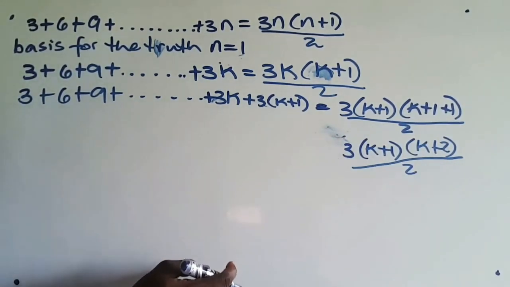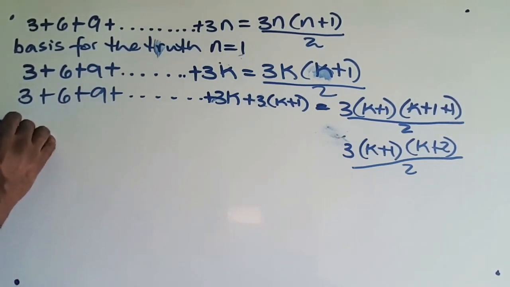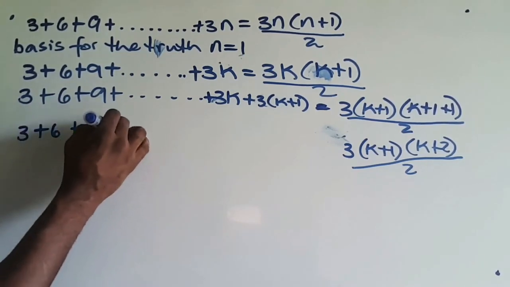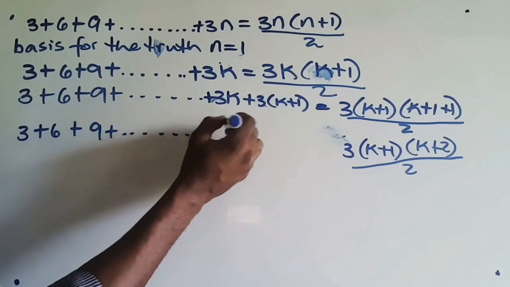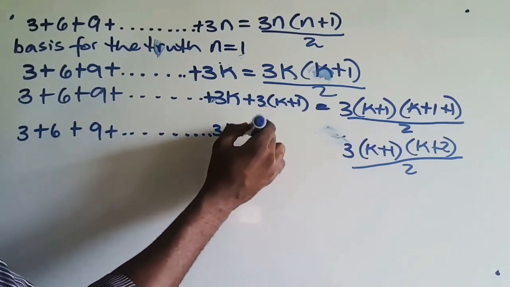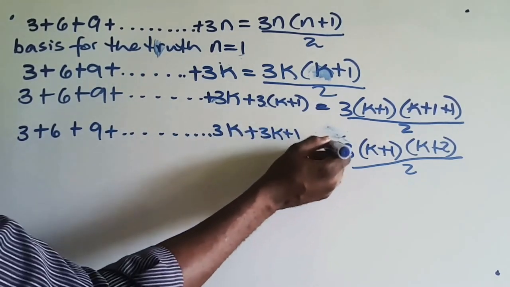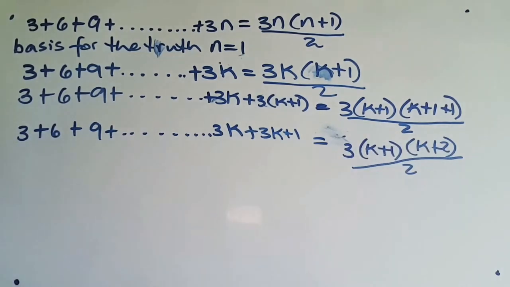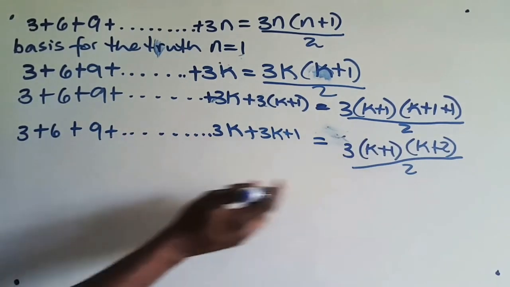All right, so that means I'm supposed to get this, like 3 plus 6 plus 9 plus 3 plus k plus 3k plus 1, all of that must equal to this. Now, I'm supposed to prove that this left side is equal to that.